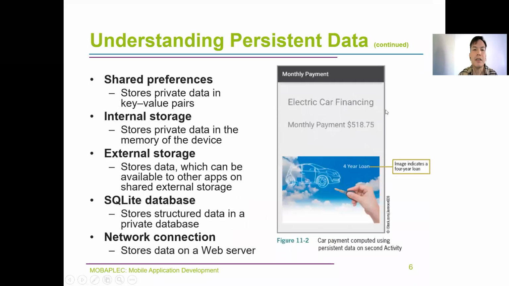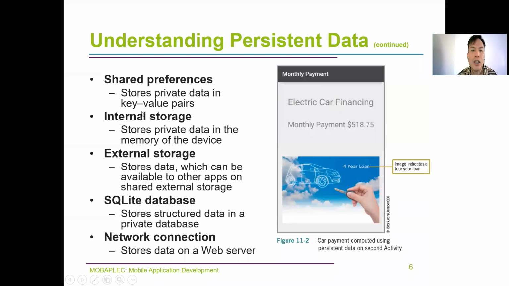Then in understanding persistent data, we also have the definition here. We have shared preferences. Shared preferences are the private data, meaning values input by the users, or if the users automatically save particular information.